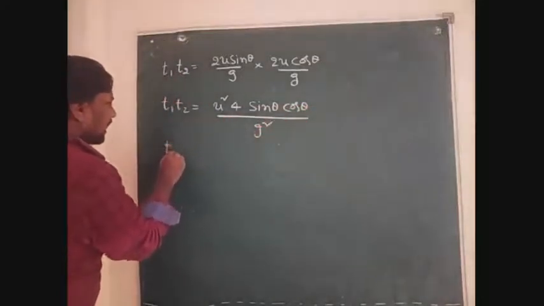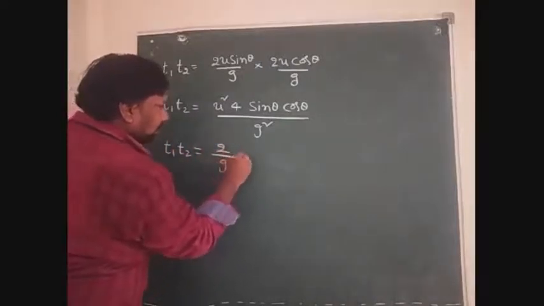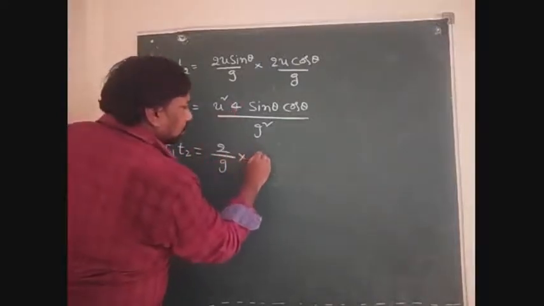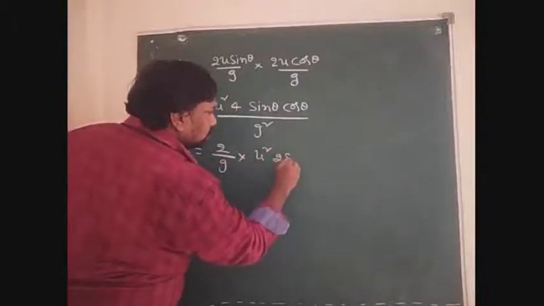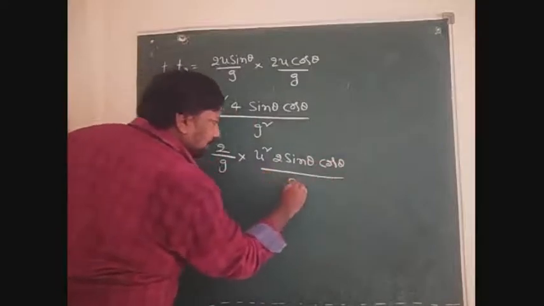It can be written as 2 by g into u square 2 sine theta cos theta by g.